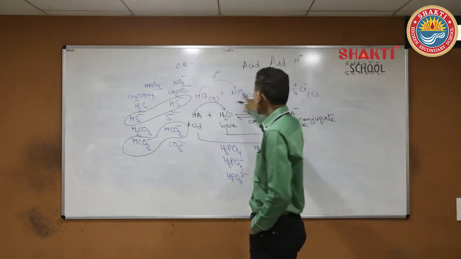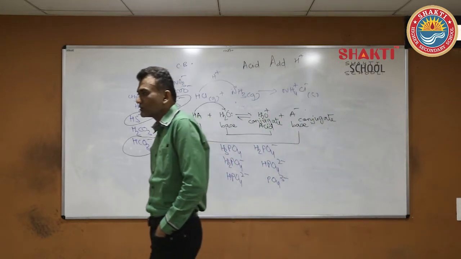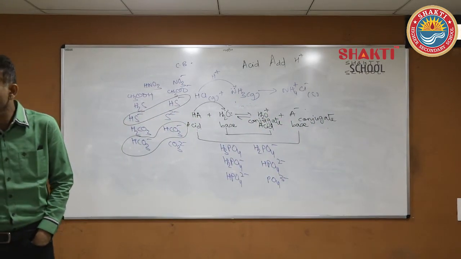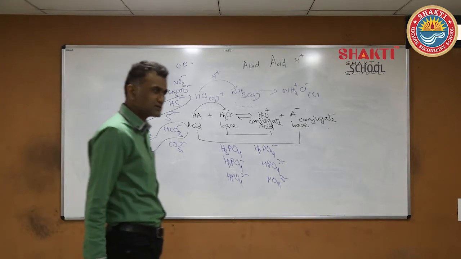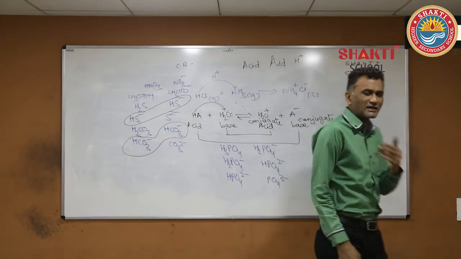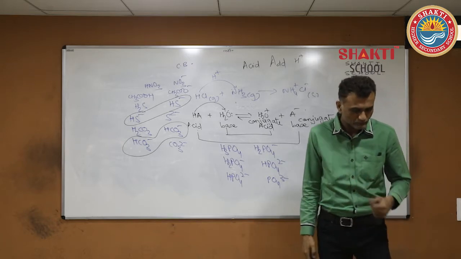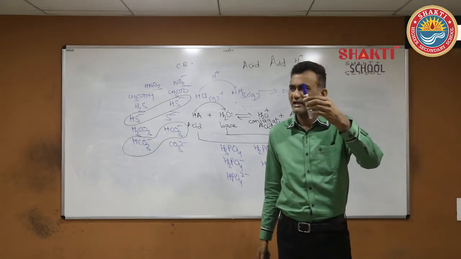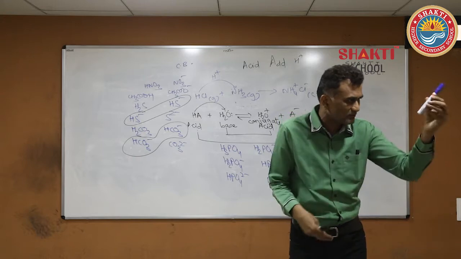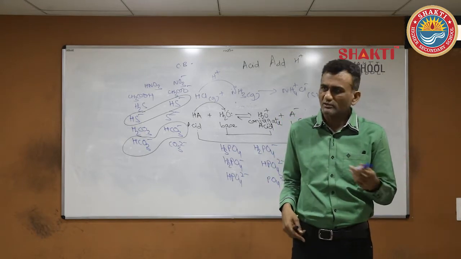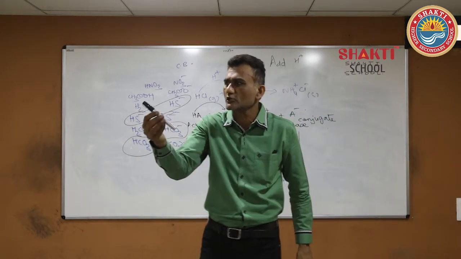So this is a neutralization reaction, but it cannot be explained according to the Arrhenius concept, because according to Arrhenius, neutralization is a reaction between an acid in water, an aqueous solution of acid, and an aqueous solution of base.